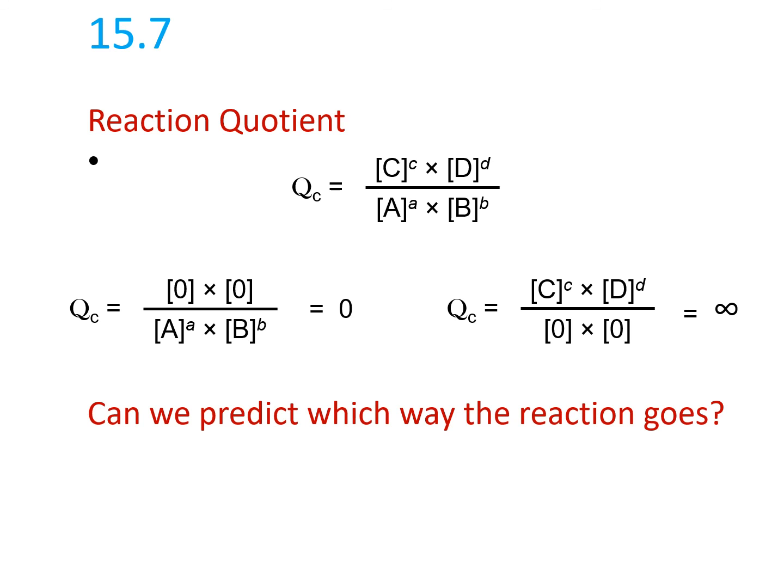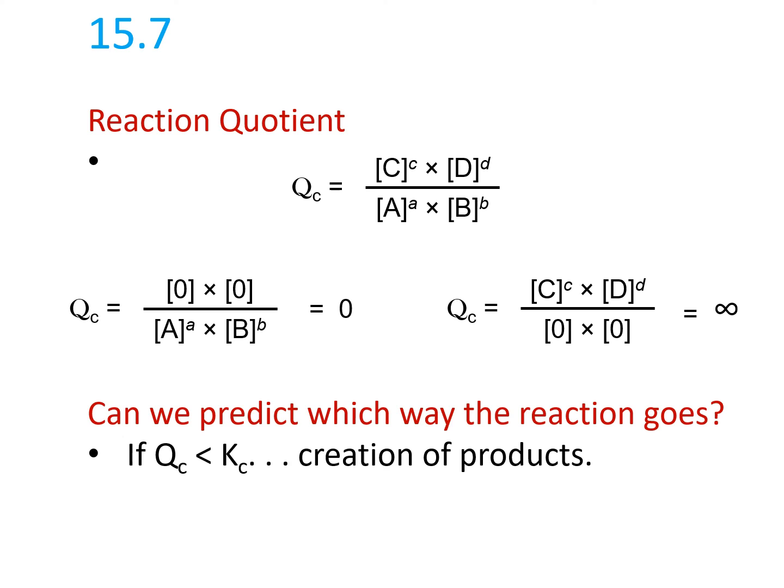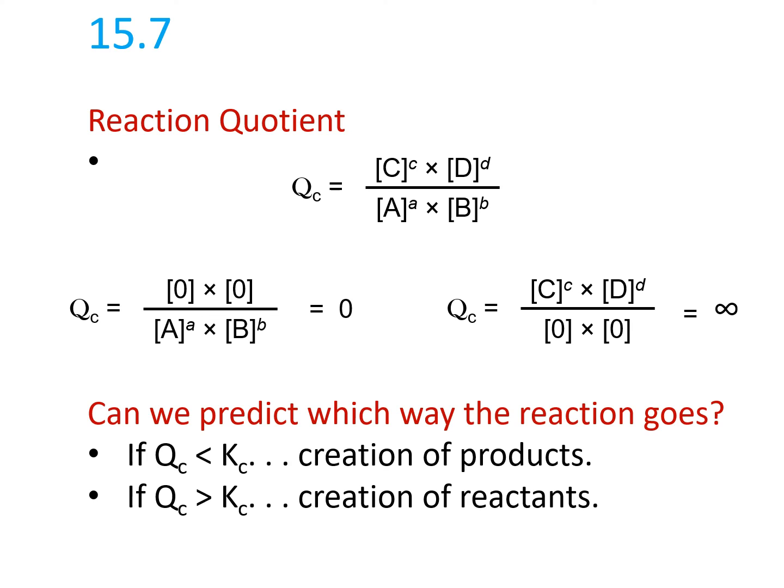So, for example, if we were to have a reaction quotient that was less than our known equilibrium constant, then we could speculate that the reaction was going to move towards the creation of products. If we had a reaction quotient that was greater than our equilibrium constant, then we could predict that we were going to see the creation of more reactants as this reaction moved the other way.